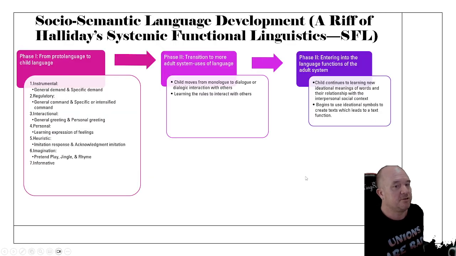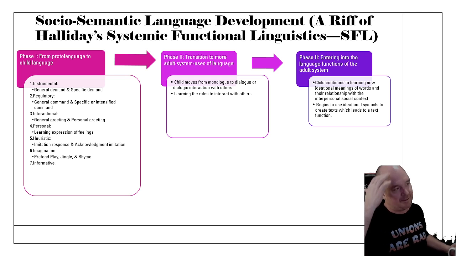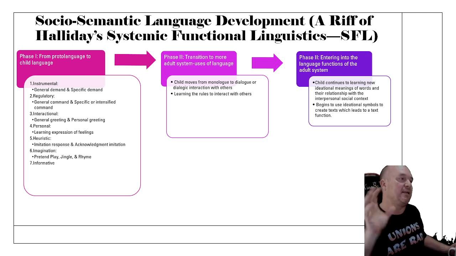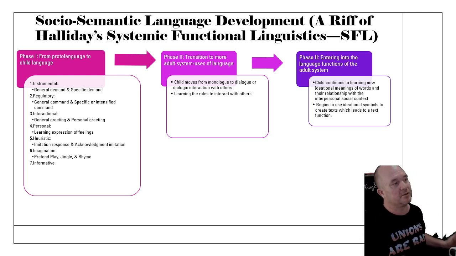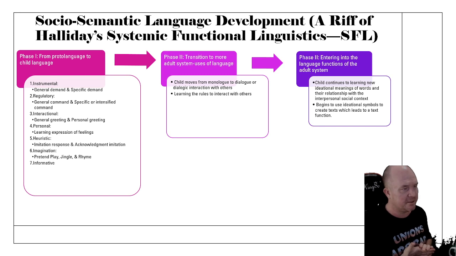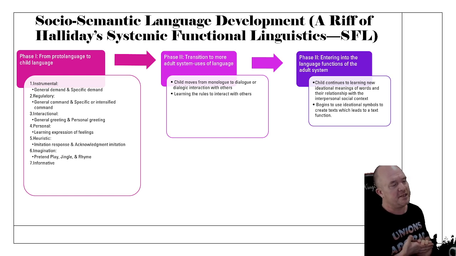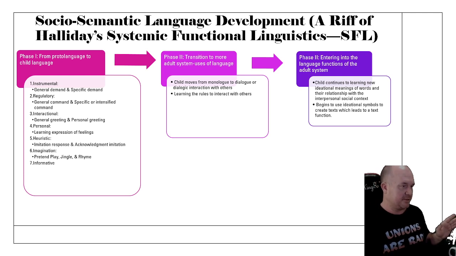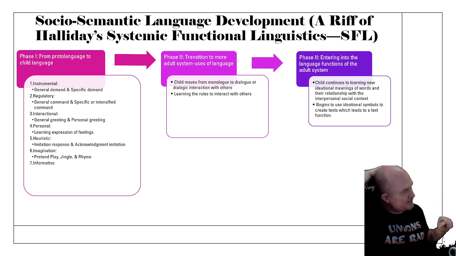Which gets into, we move from socio-cognitive to socio-semantic. So how we make meaning and communicate meaning with words. This is based off of Halliday's systemic functional linguistics, where he did some research on children from birth to teens, looking at phases of their language development.